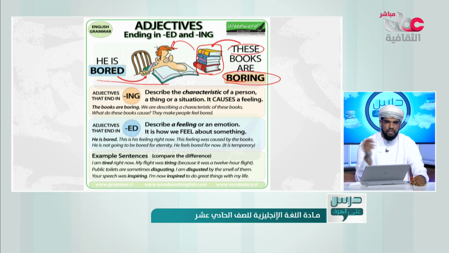The one which is causing a feeling, we use ing with it. And with the one who received the feeling, we use ed with it. Right? So ing describes the characteristics or features of a person, a thing, or a situation that causes a feeling. You give a feeling, you cause that feeling.